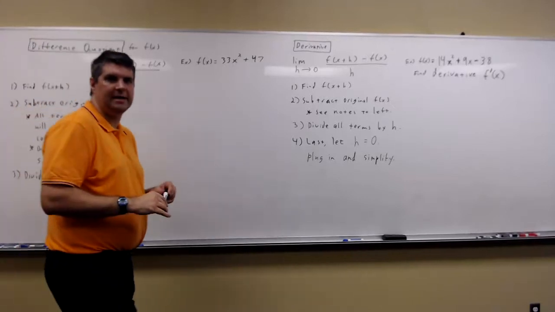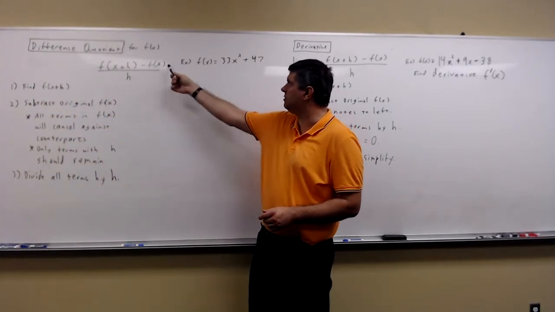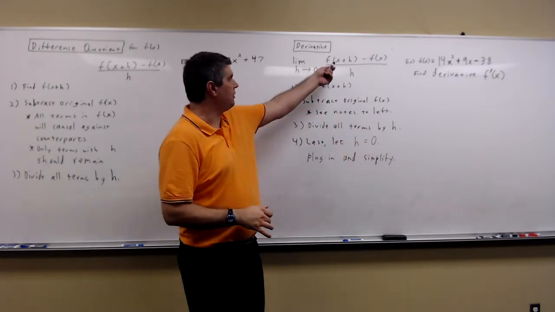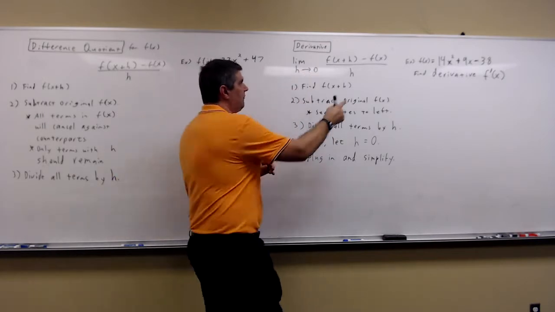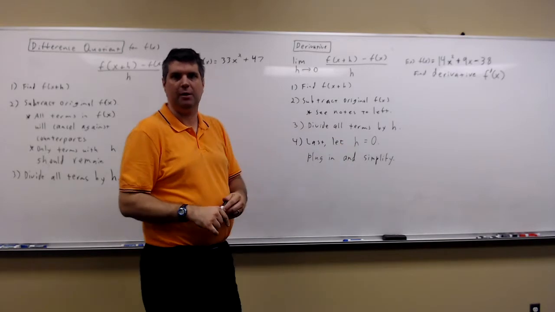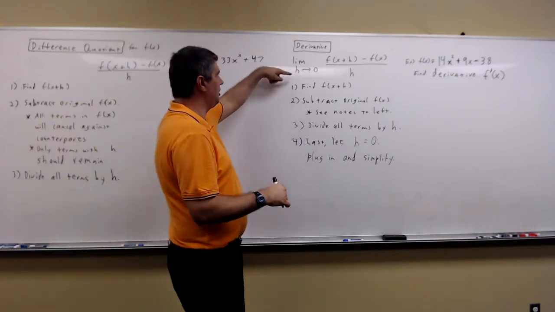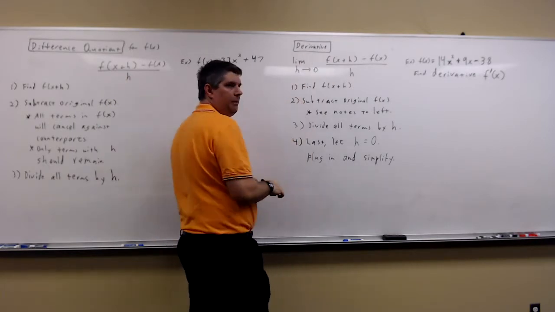I'm going to talk about right now is the difference quotient of a function and its close relative, the derivative. Really, the derivative is just the difference quotient with an extra step. At this point, I'm not going to try to do too much to explain what this limit as h approaches 0 means.